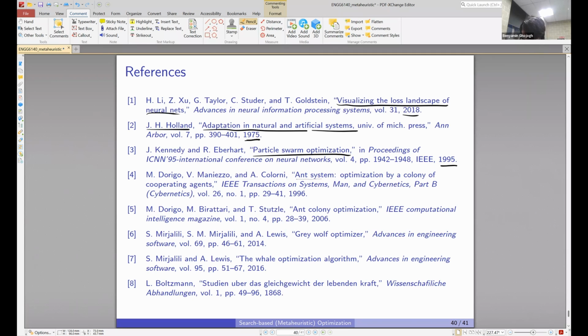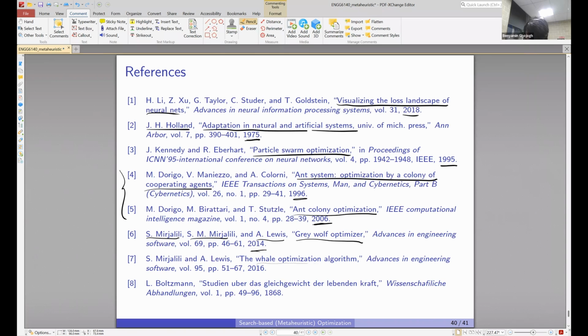This is a paper proposing ant colony in 1996. Also, this is another paper proposing it. So these two papers are proposing ant colony, 1996 and 2006, with almost the same author. And this is the paper of Gray Wolf Optimizer in 2014 by Mirjalili and his brother and his supervisor.